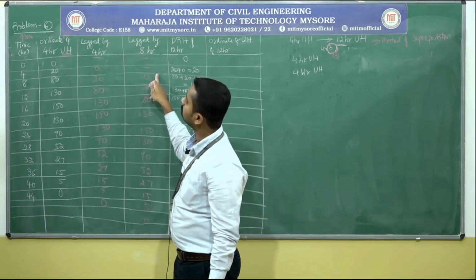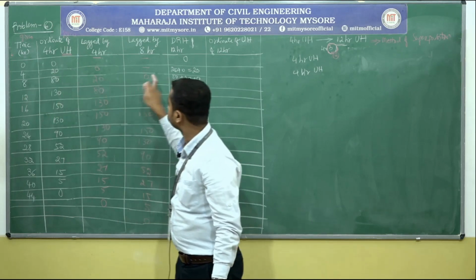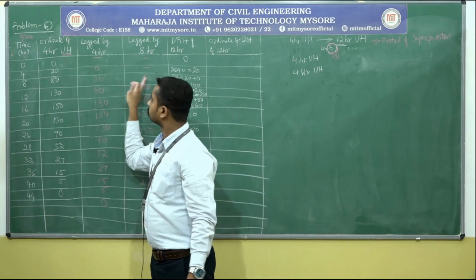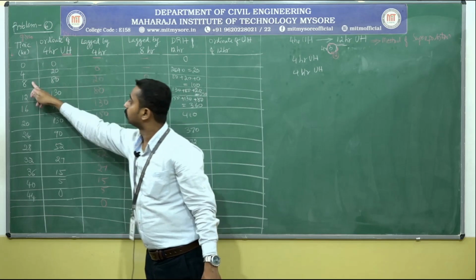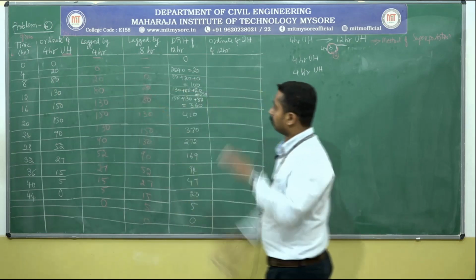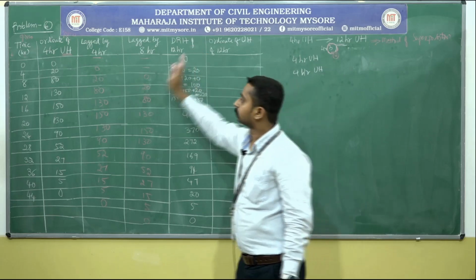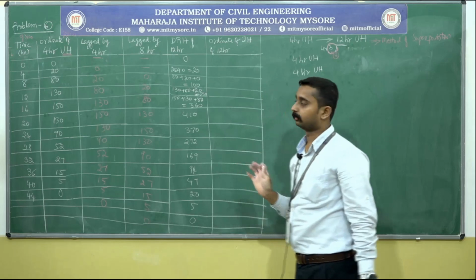Lagged by 8 hour means the same unit hydrograph is lagged by 8 hour, start writing the values from 8 hour. Direct runoff hydrograph is nothing but the sum of the unit hydrograph ordinates, just sum all the values.